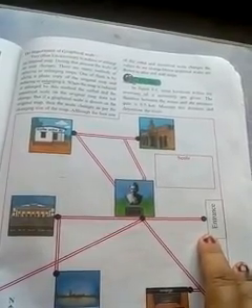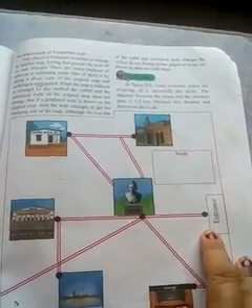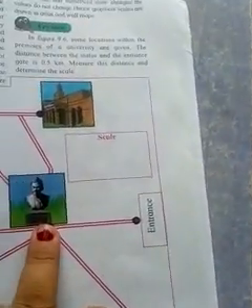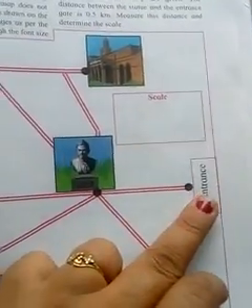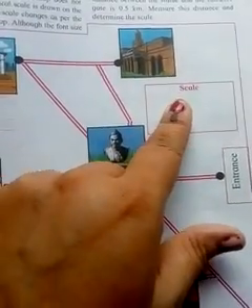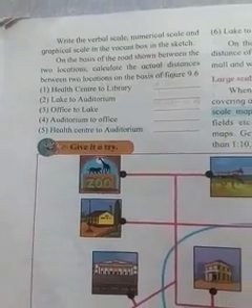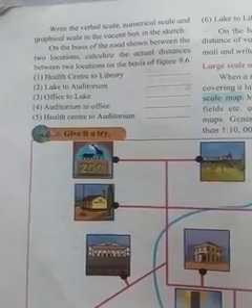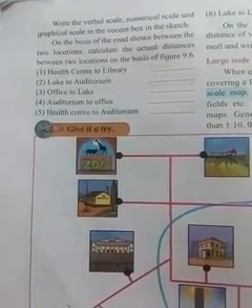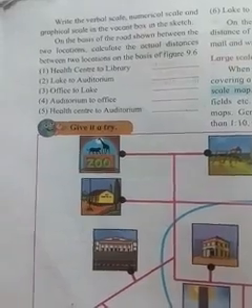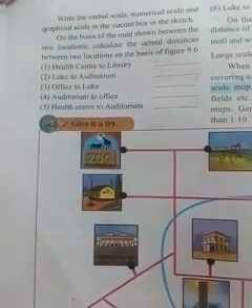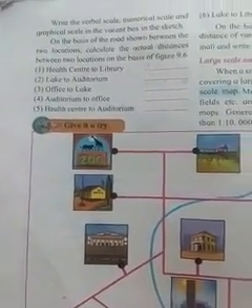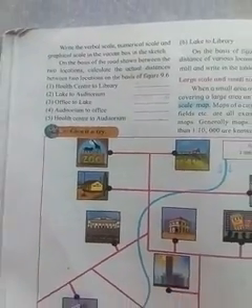The distance between the statue and the entrance is given. स्टॅच्यू आणि एंट्रन्स मधलं स्केल मेजर करून तुम्ही इथं नोट डाऊन करायचं आहे. Write the verbal scale, numerical scale and graphical scale in the box in the sketch. On the basis of the road shown between the two locations, calculate the actual distance between the two locations on the basis of 9.6.